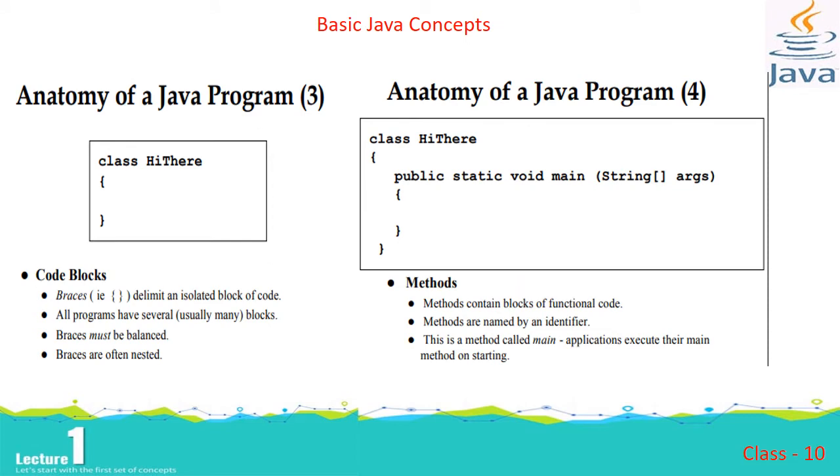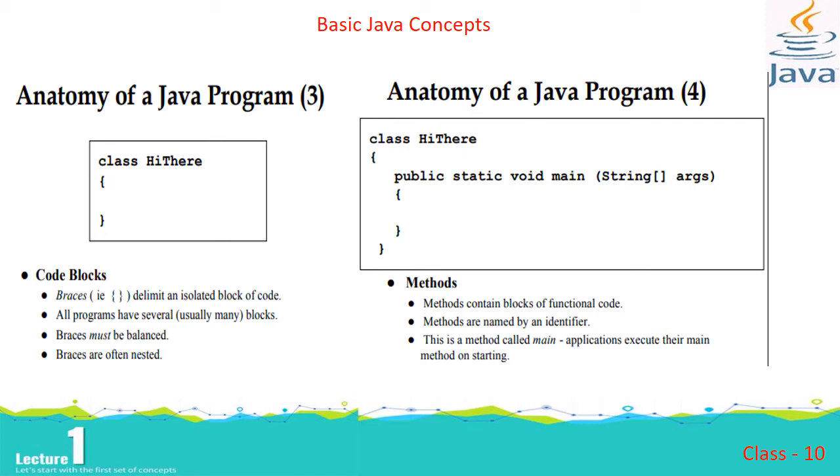Now here the explanation is regarding the anatomy of the Java program. The entire program is divided into various code blocks. A code block is an opening brace, and there is a closing brace for it. All programs have several blocks, that means there can be more than one block.